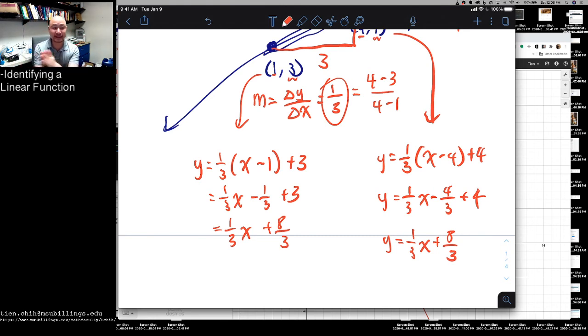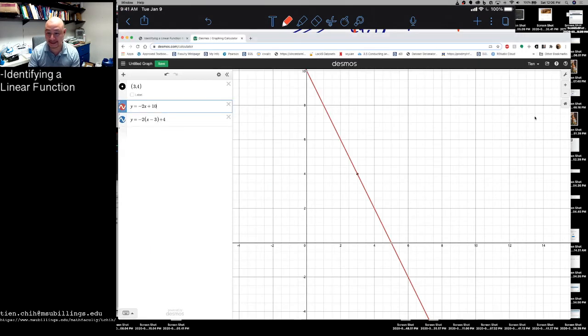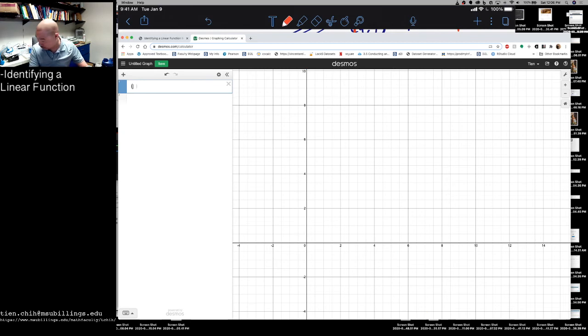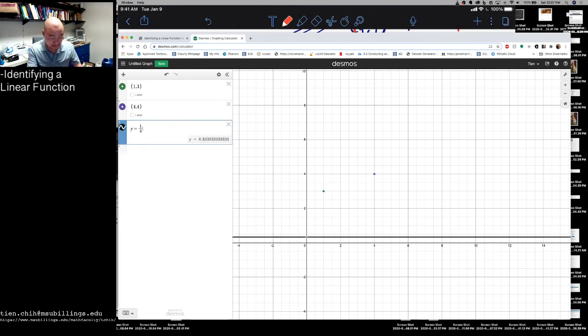So, to verify that these are all in fact describing the same line, let's go ahead and first plot our 2 points. Let's throw in (1, 3). Let's throw on (4, 4). Alright, so line number 1, we have 1/3 (x minus 1) plus 3.